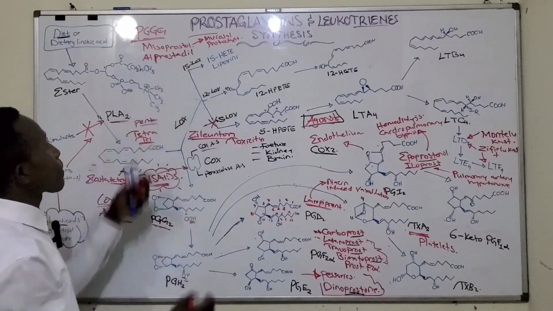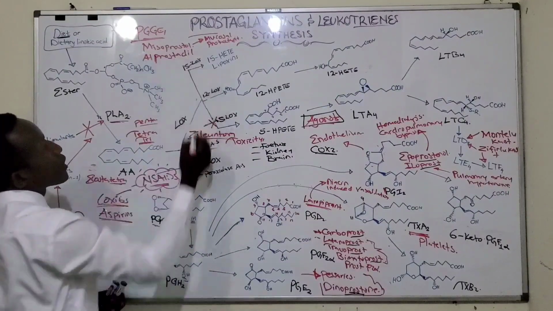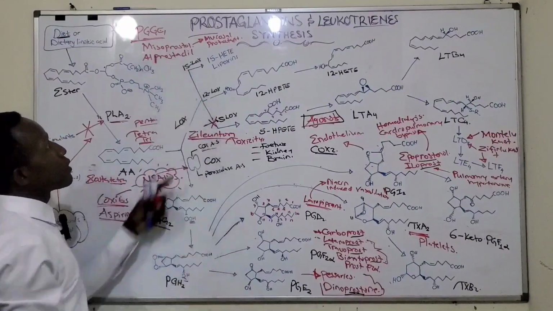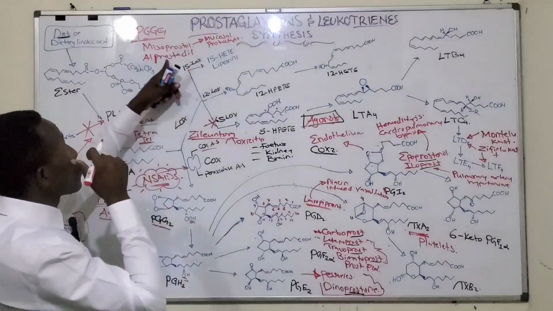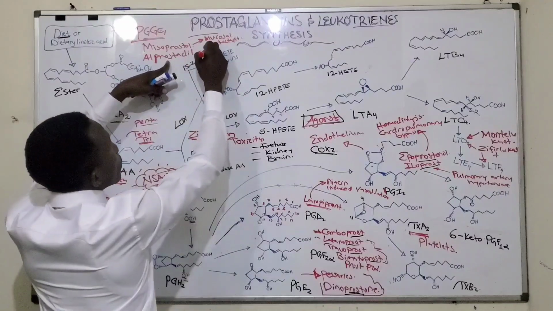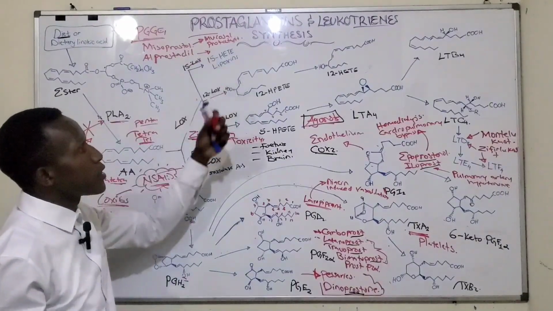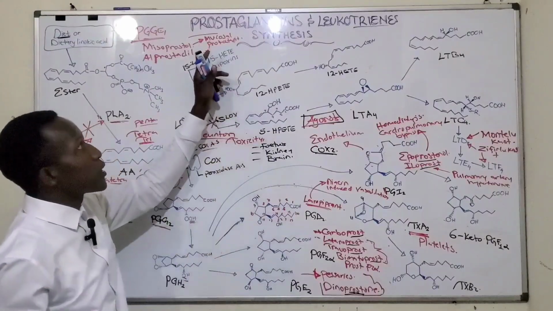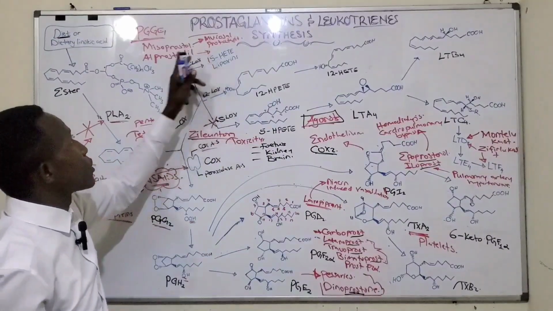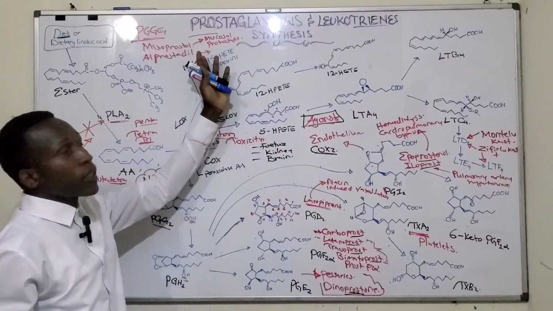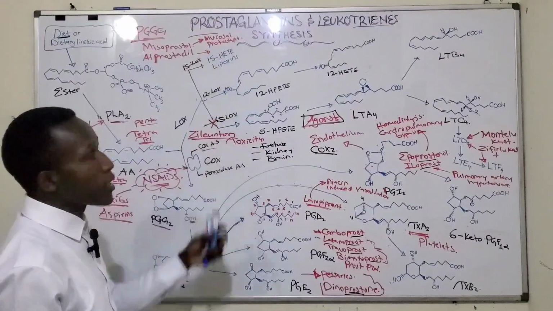This drug can be used in neonates to prevent the closing of the ductus arteriosus in case there is a defect with the heart. So this drug can be used to prevent the closure of the ductus arteriosus until the surgery is done.